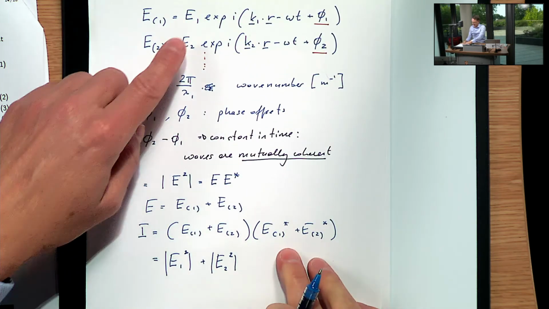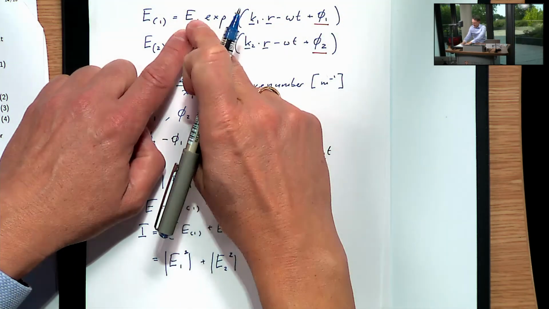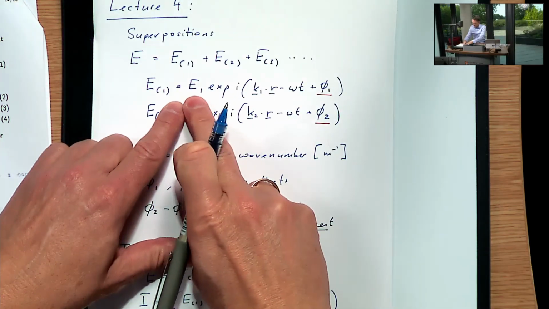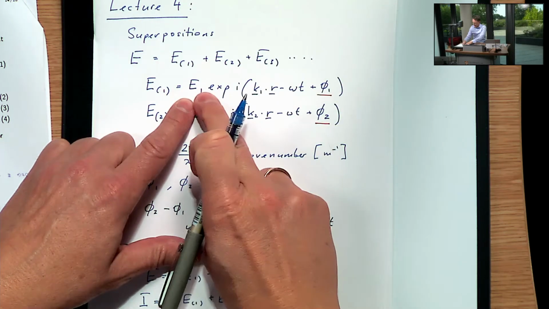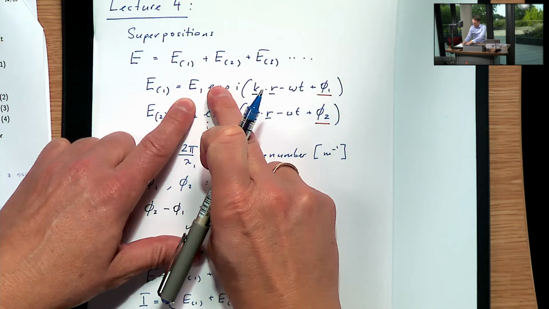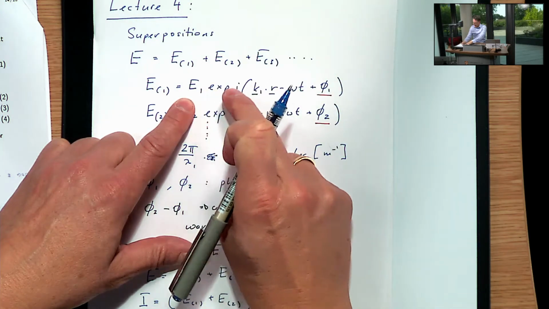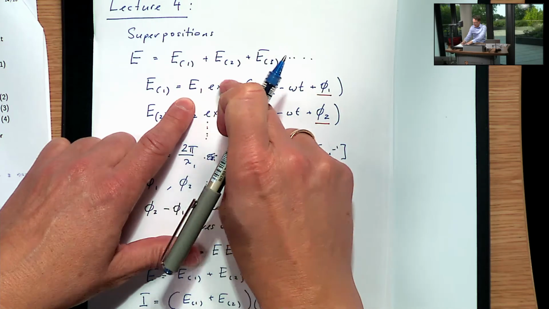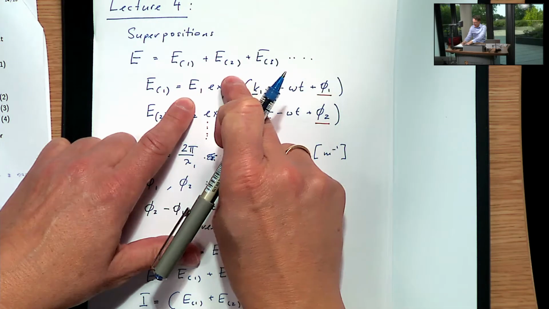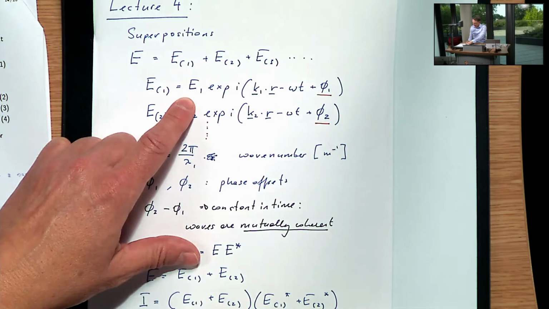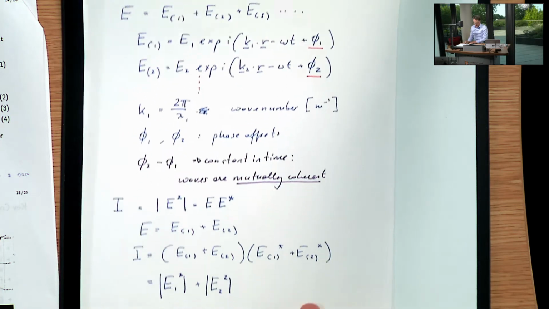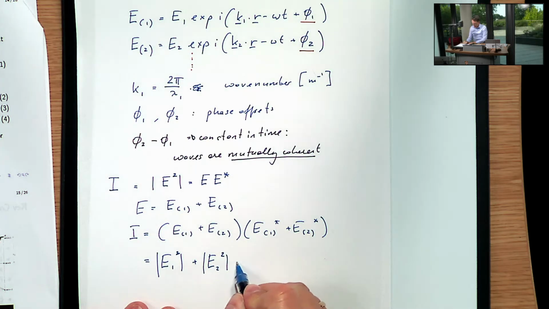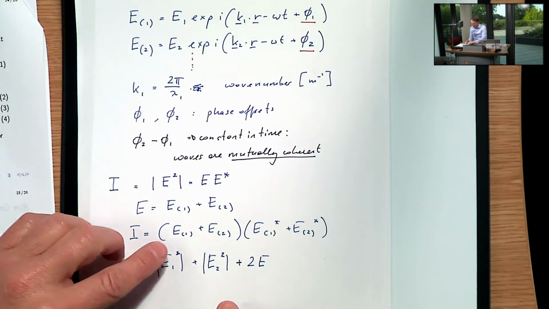So you can see that if we take this field times its complex conjugate, then this part drops out because it gets to 1, right? So it's exponent i times exponent minus i. So this term becomes 1, and then you end up with E1 conjugate, which is the same as the magnitude of E1 squared. And then we get these two cross terms.